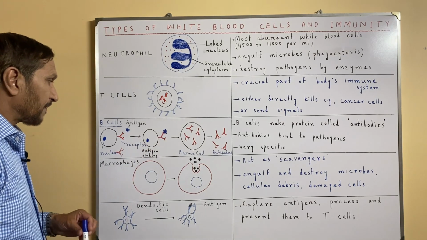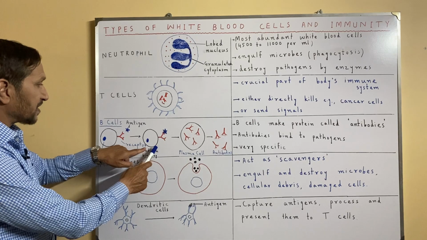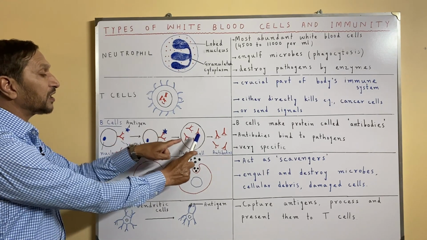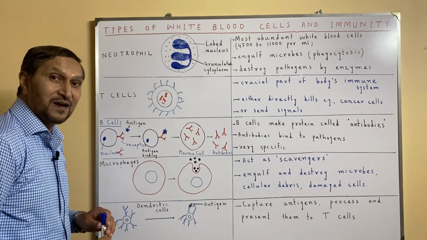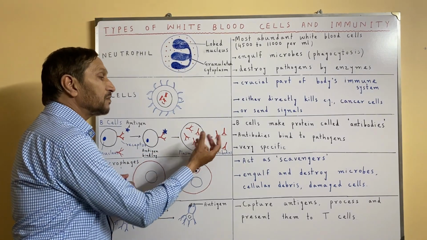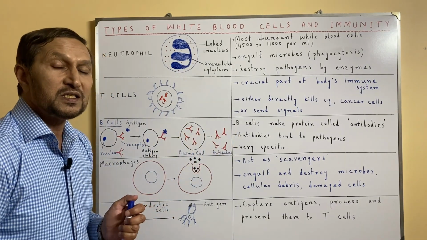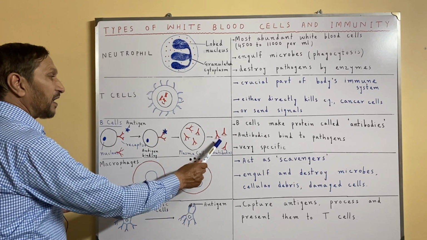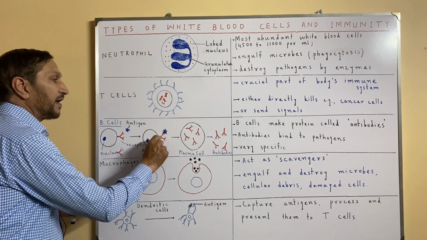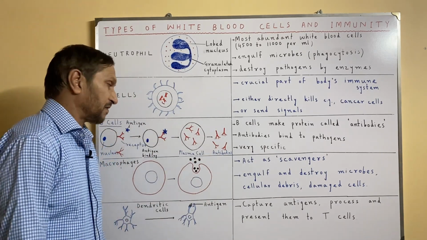And if the T cells also help the B cells, the B cells can turn into a large plasma cell, and these plasma cells are able to start producing antibodies. They start releasing the antibodies, and these antibodies freeze these antigens, the foreign invaders, and make them inactive.